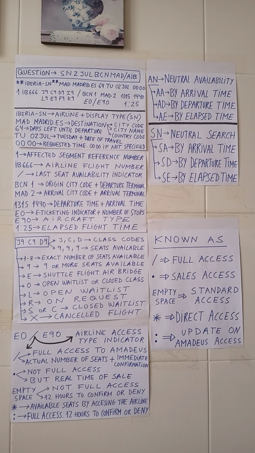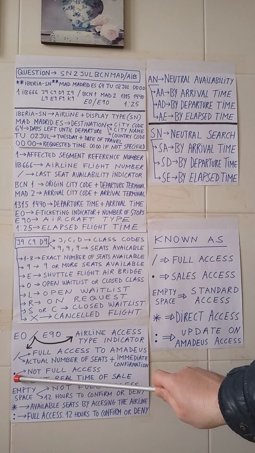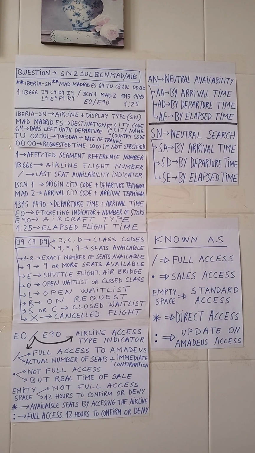If instead of the slash there is a dot, this means that communication with Amadeus is not permanent, but sales are made in real time. The type of access that is represented by the point is called sales access.